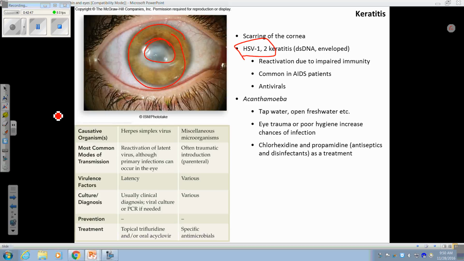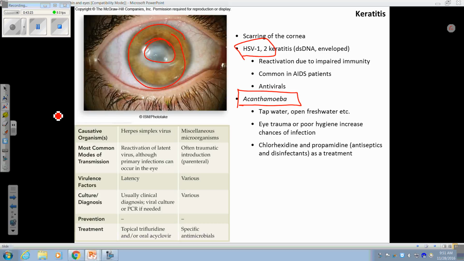Another very common cause of keratitis is amoeba. Now, amoebic infection is, we would call it, a non-communicable infectious disease. What happens is people who wear contact lenses, when they don't have access to the lens storage solution, sometimes use tap water, which is not the greatest idea because amoeba can be residing in the tap water.